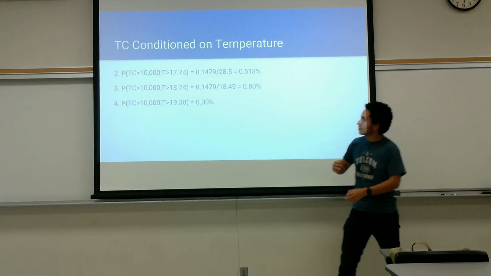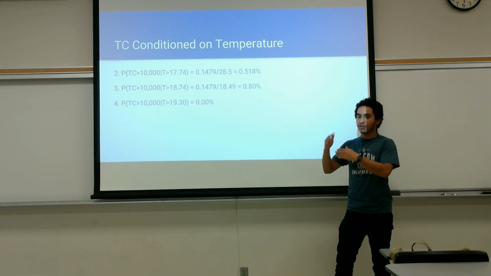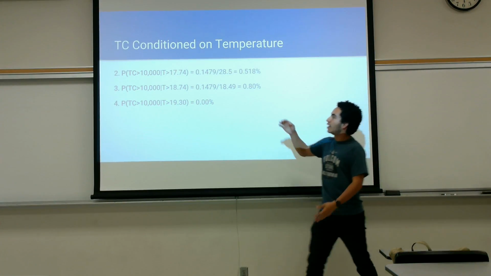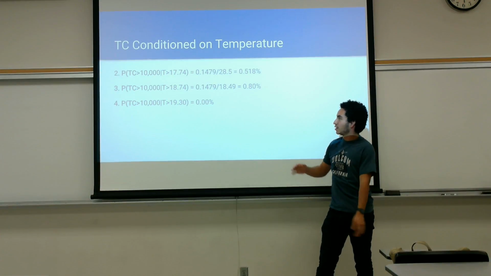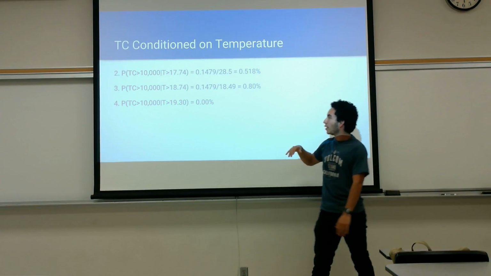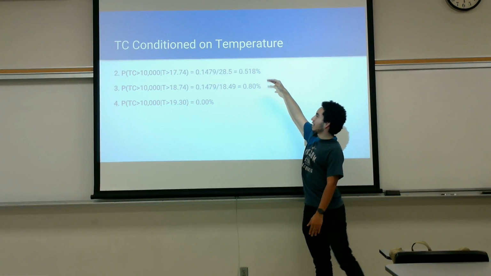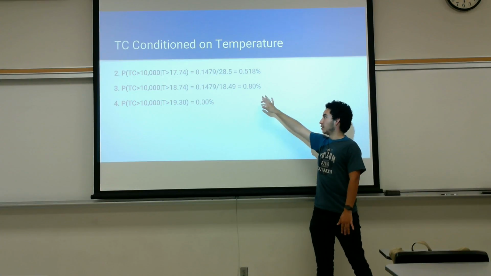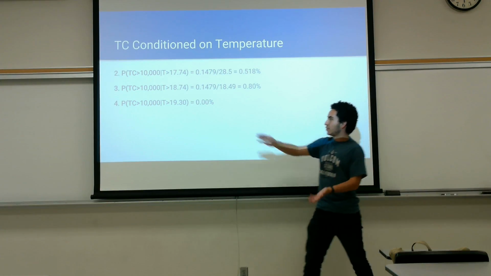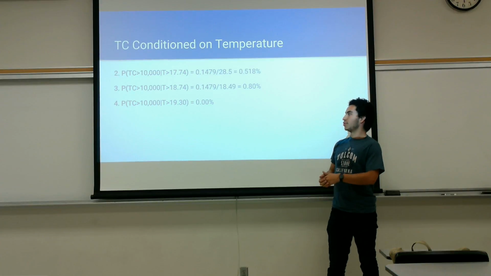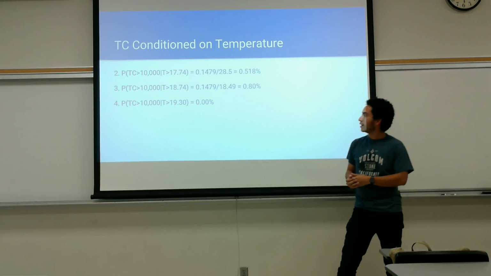And then you can also see here, we increased the temperature boundary. So if the temperature was higher than 17.74 and then 18.74, there was a slight increase between 0.518 and then 0.80. And then there were no data points above 19.30, so there was a zero probability of that.